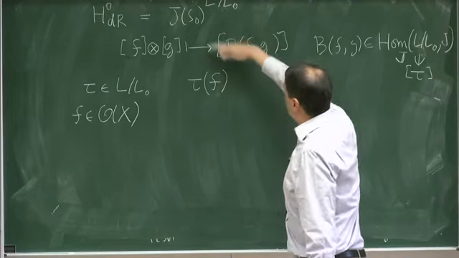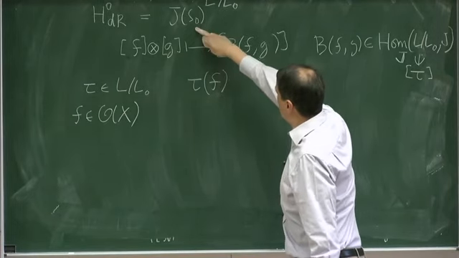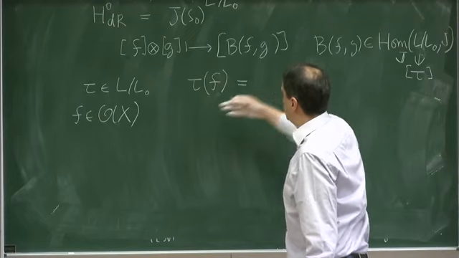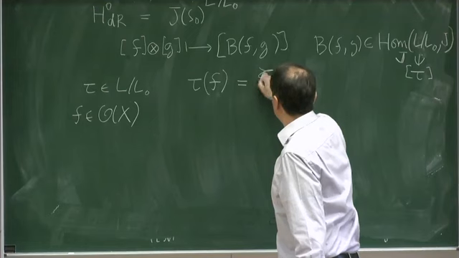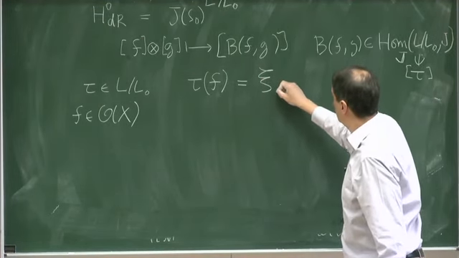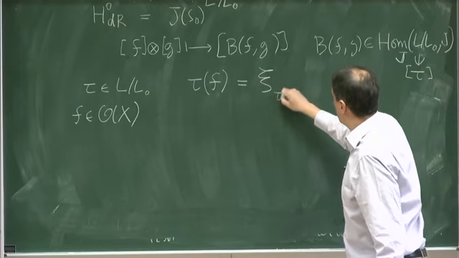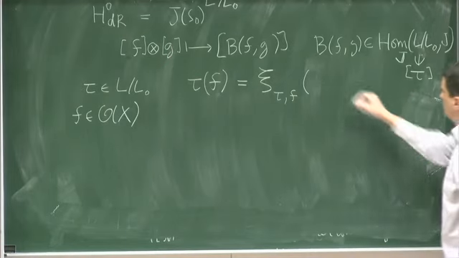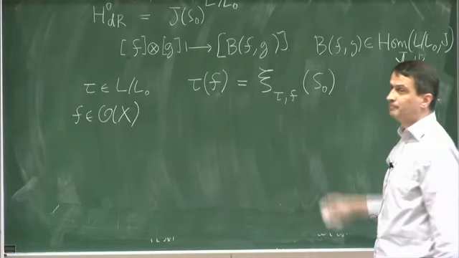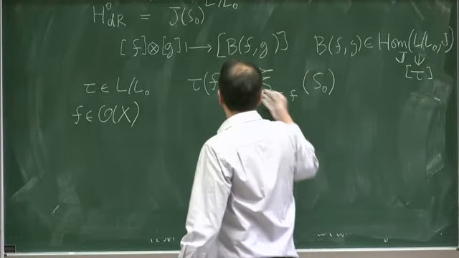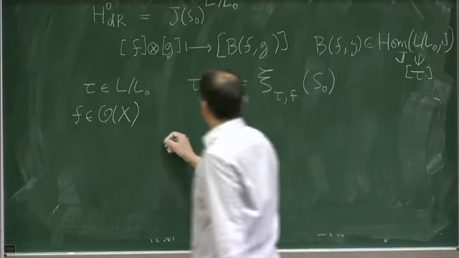It is invariant, right? So this will be 0 in the Jacobian ring, but if you lift it, it will be something in the ideal, and the ideal is given by vector fields. So there will be a vector field which depends on tau and f, acting on S0. Since it is invariant, it will be of this form. And now this, of course, will depend on choices.